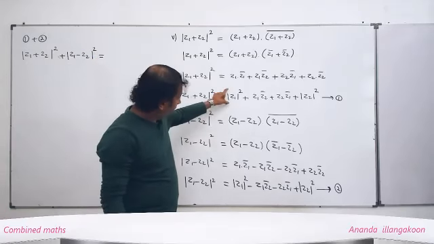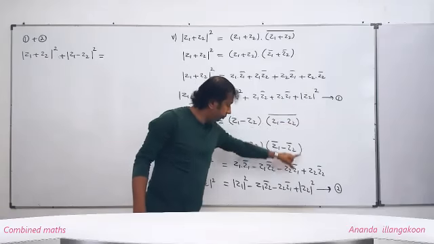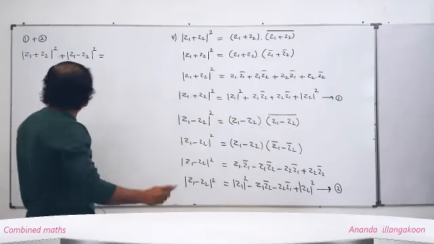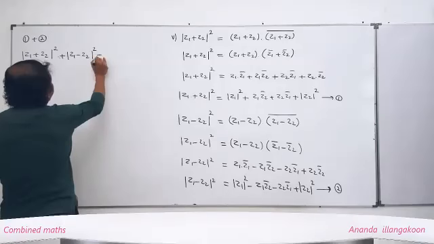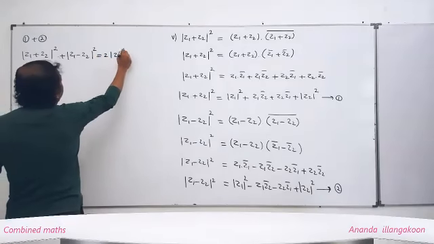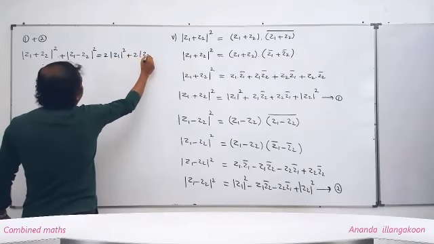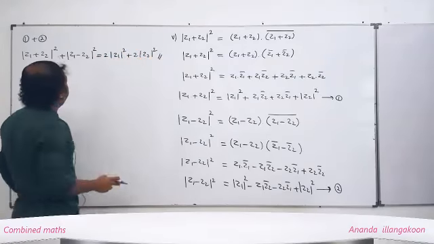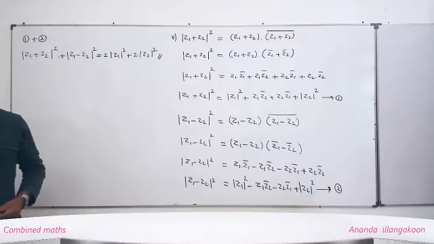Add this. You get 2 times, what is that, modulus 1 squared plus modulus 2 squared. This way we get that answer.